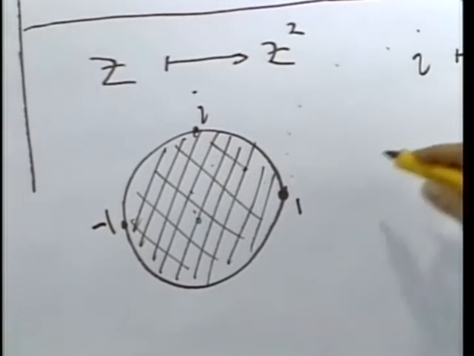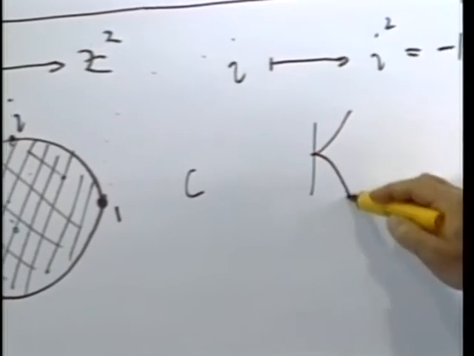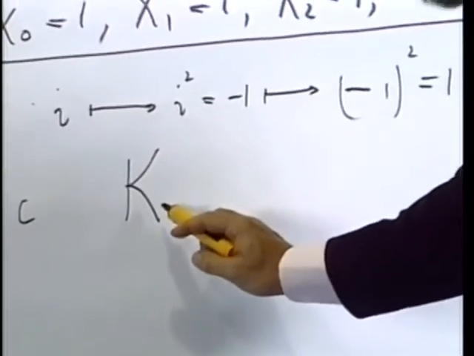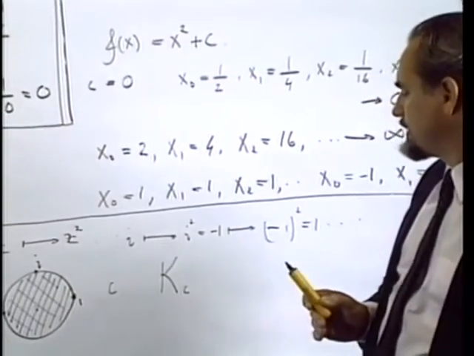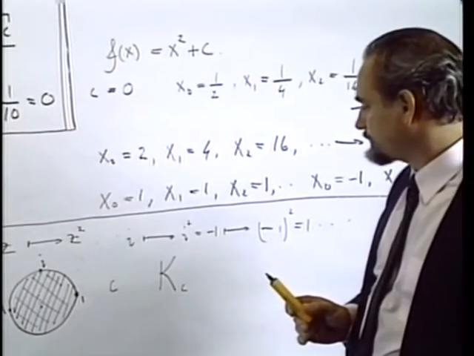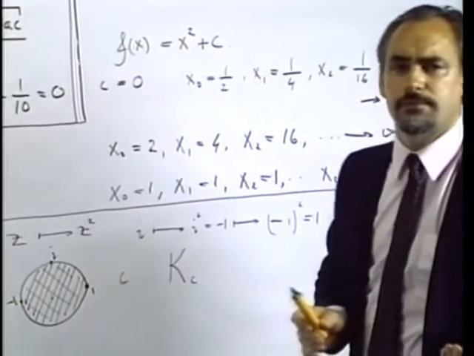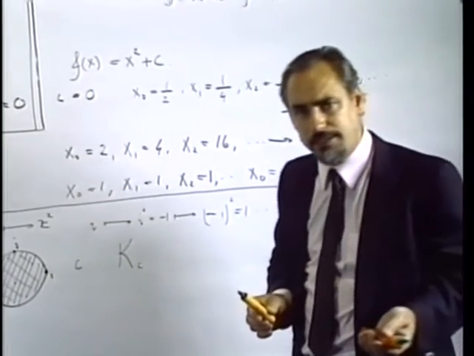More generally, for any number c, you can consider the set Kc of points which will have bounded orbits under the iteration of x squared plus c. One example is K0, which is the closed unit disk. This example is unfortunately extremely misleading.